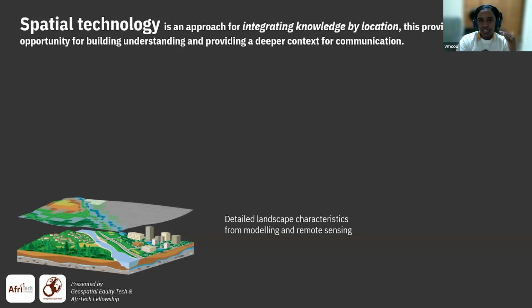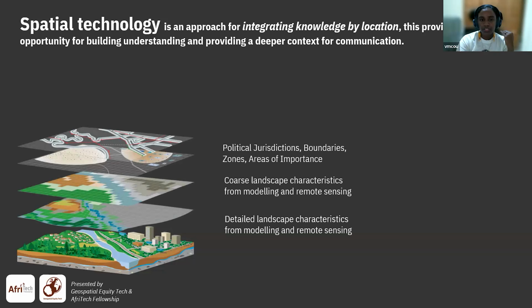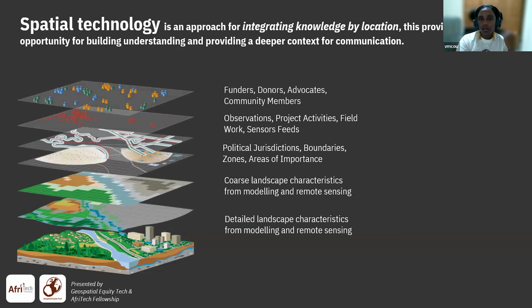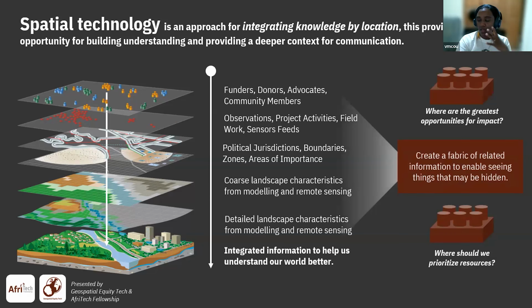So you can leverage different sources of data like detailed landscape, coast landscape, political boundaries, observation, individual points like donors, funders, and really combine this to create what I call a lasagna of information and to integrate that information to help us understand our world better. And that allows us to derive decision making, but also understand where we have the greatest impact.